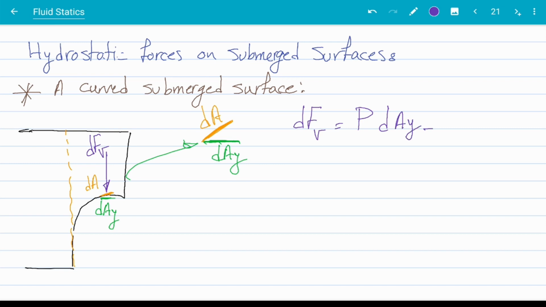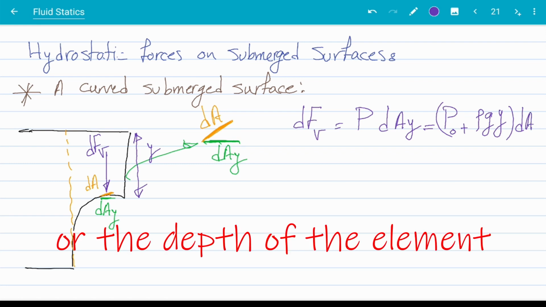So what is the pressure? The pressure, we know, is P0 plus rho g y, where y is the y component of the green element.